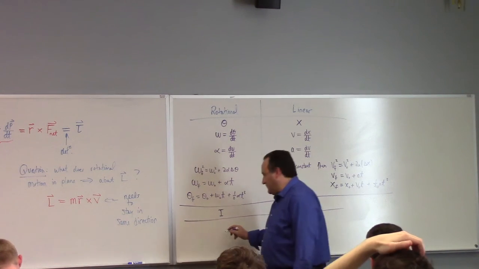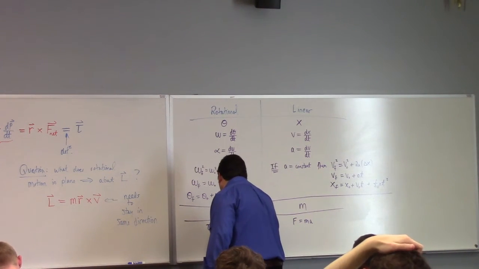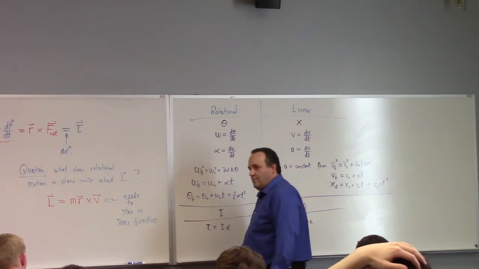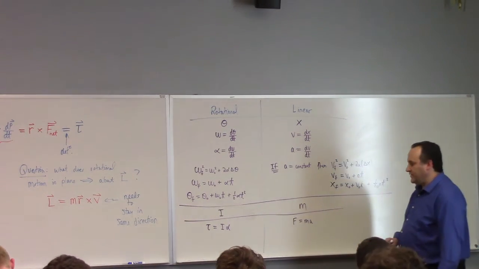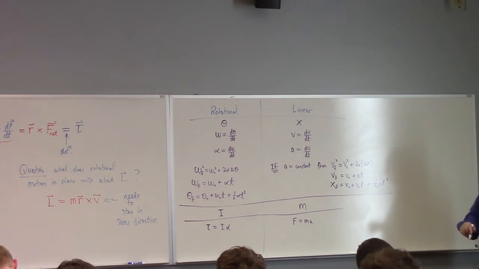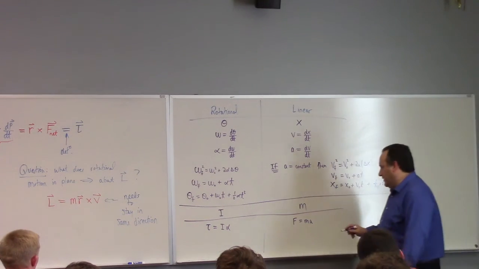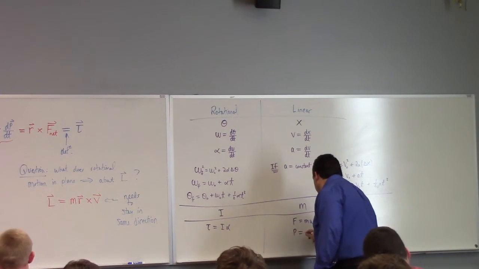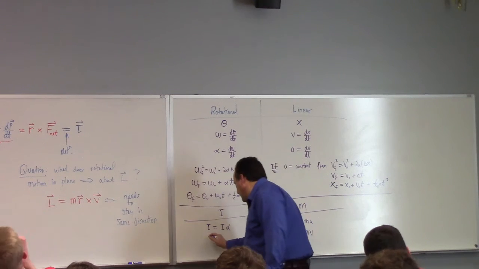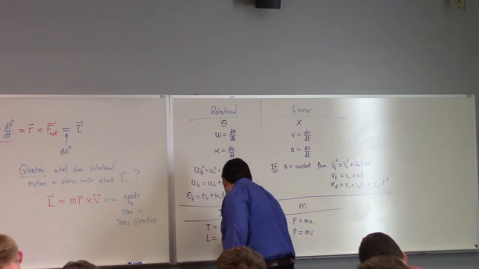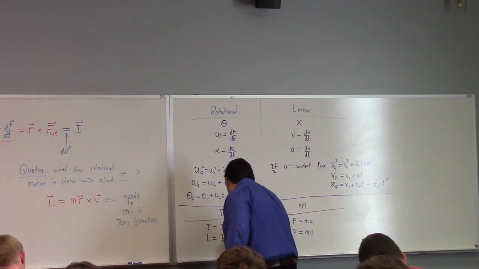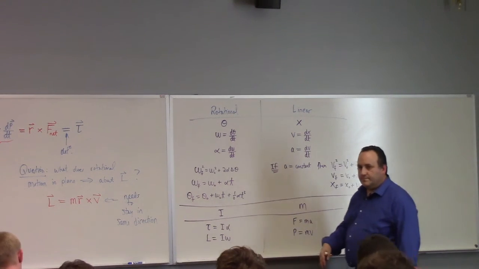Over here, we have torque is equal to I alpha. Torque equals I alpha is the analog of F equals ma. Here we have p is equal to mv. Over here we have L is equal to I omega, because mass is like inertia.